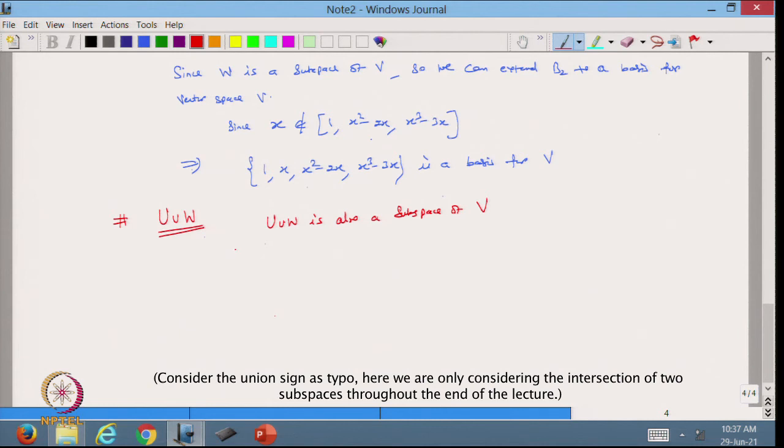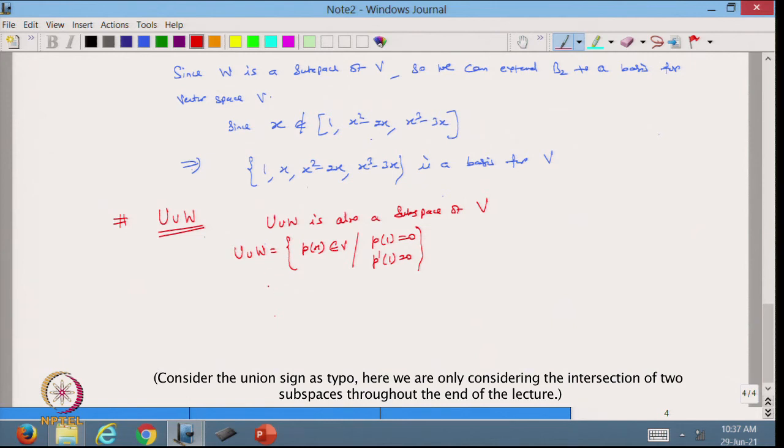And now, U intersection W will contain all the polynomials p(x) belonging to V such that p at 1 will be 0 and p dash at 1 will be 0. So, it contains all the polynomials which belong to the set U and also to the set W, where p dash 1 equals 0.